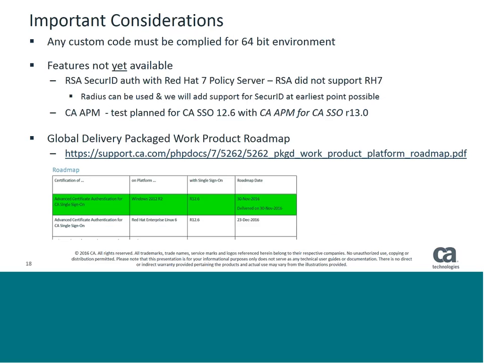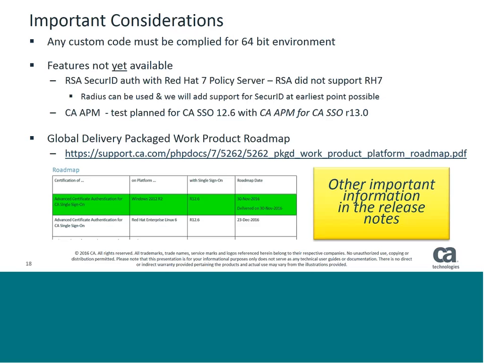So now I'm going to touch base on just a couple of important considerations. These aren't meant to be exhaustive. One of the things that I really encourage everybody to do is go to the release notes, take a look at information that's described there about what's been added to the product, and in some cases, some things that we are not supporting going forward, and there are some other details that will certainly be covered in the release notes.